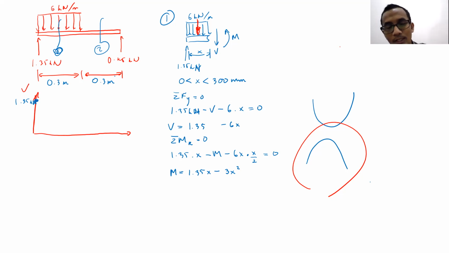When you use the unit, you're supposed to take a look at the value of the distributed force that you use. Okay, 0.3 meters, just the same. Now, what is the value at x equal to 0.3 meters? It will be minus 1.8, I think.